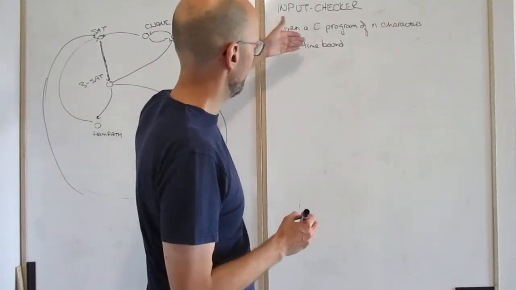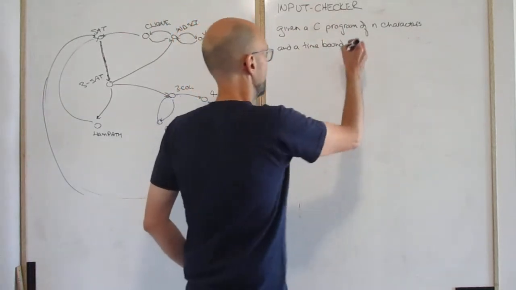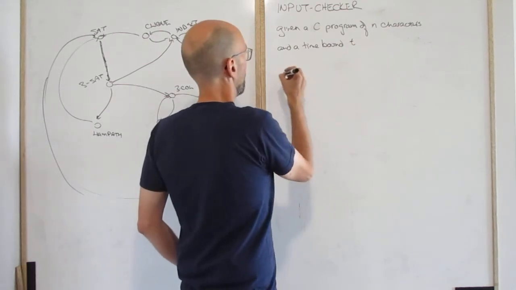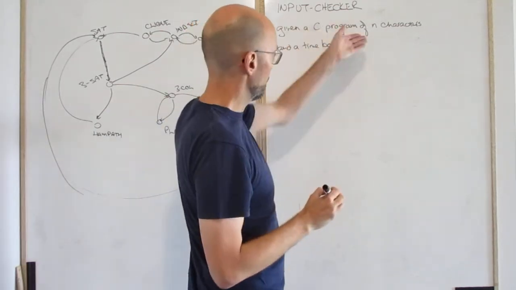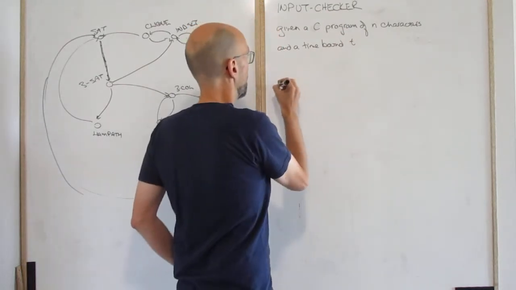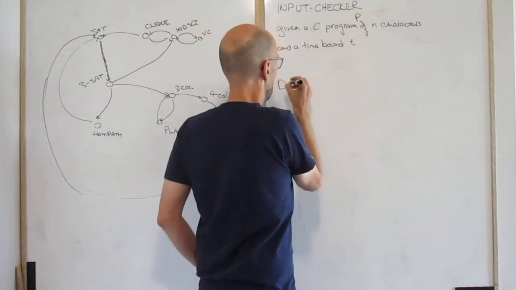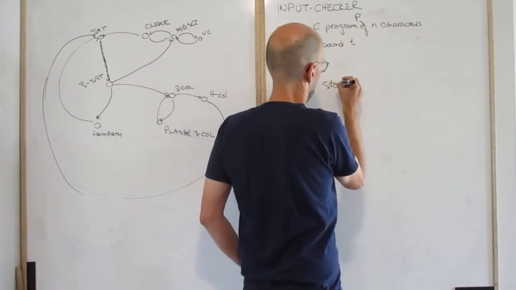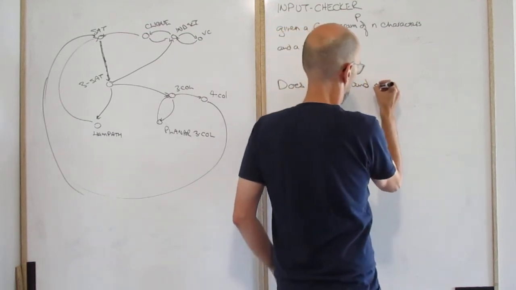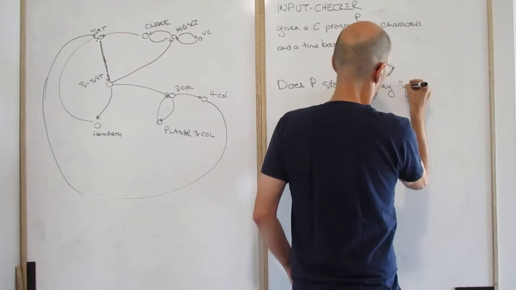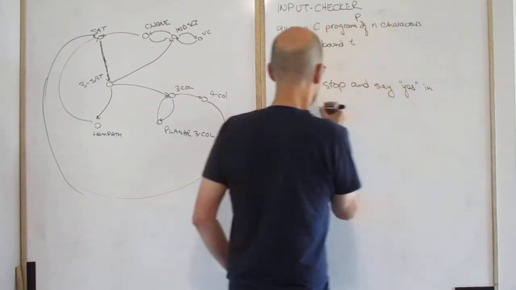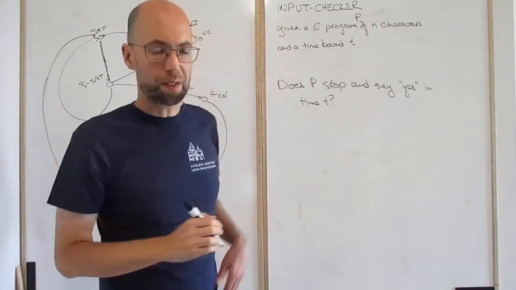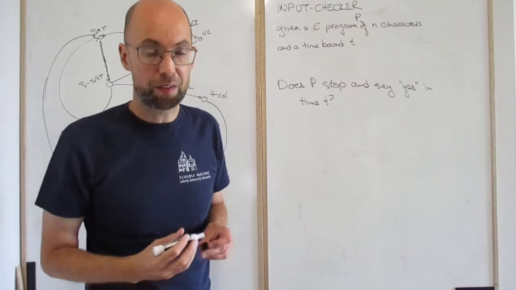You're given a program and a time bound t. Okay, so this is an instance. You're given a C program, let's say called P, and a time bound t. Does P stop and say yes in time t?